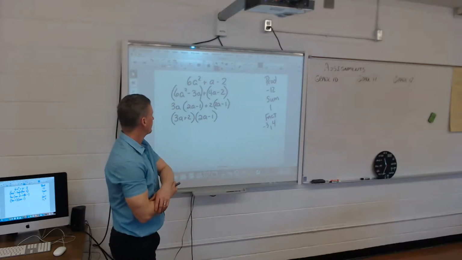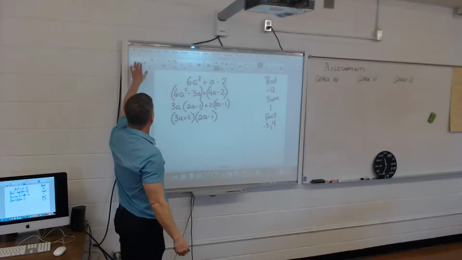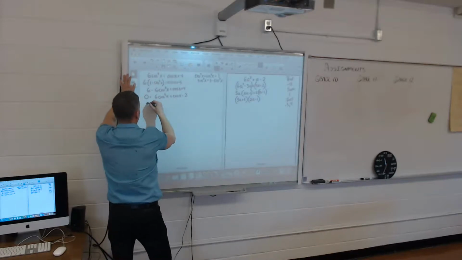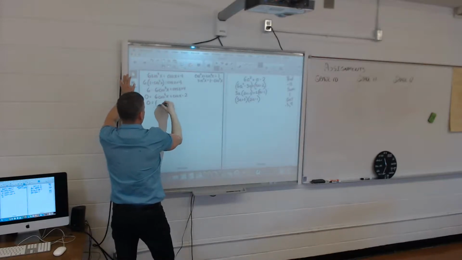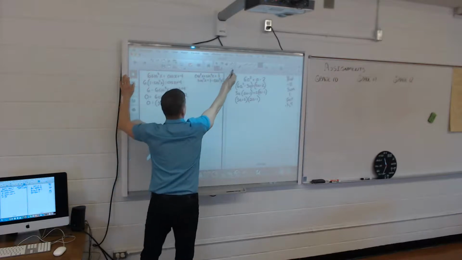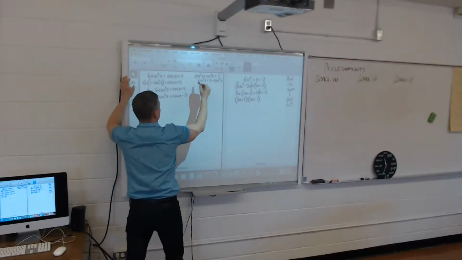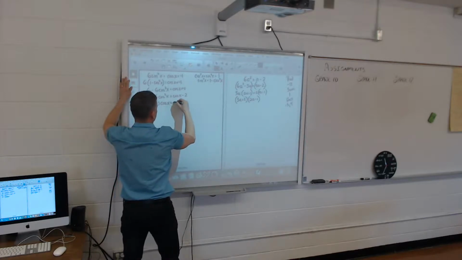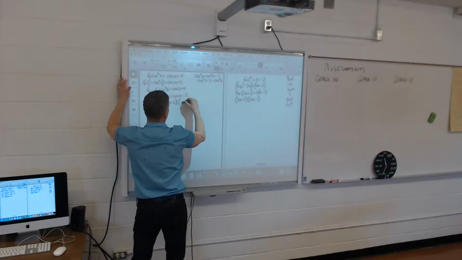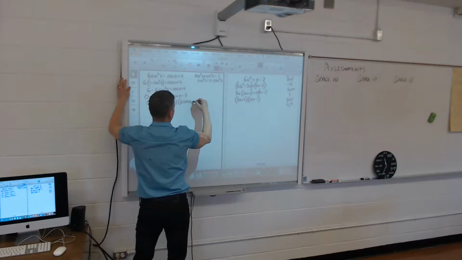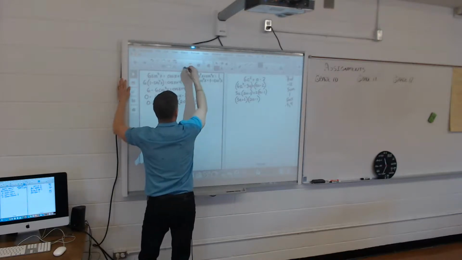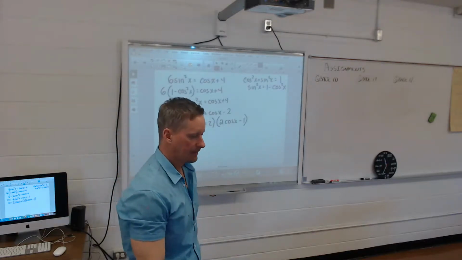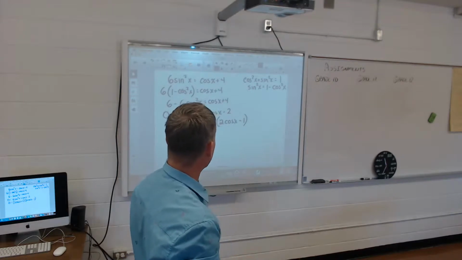So going from there, that gives me 0 equals 3 cos x plus 2, 2 cos x subtract 1. Okay, so I factored it. That's what I'm left with.